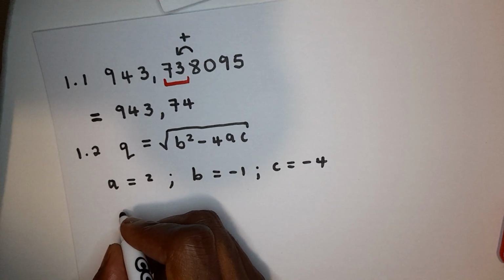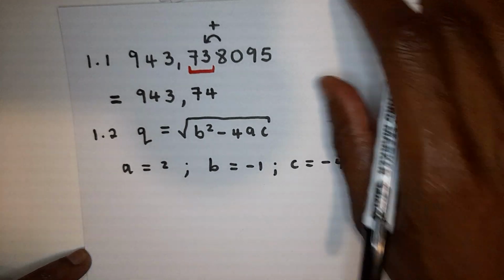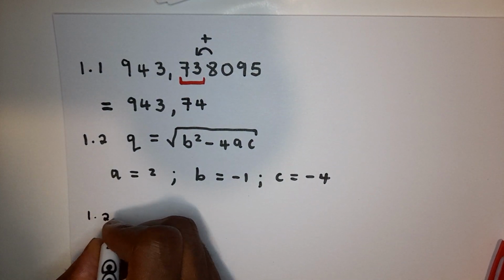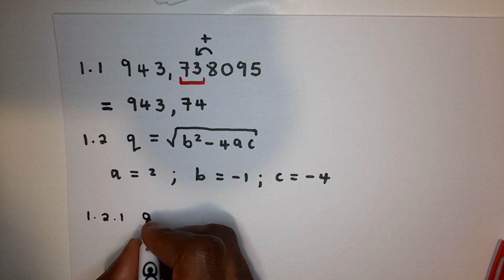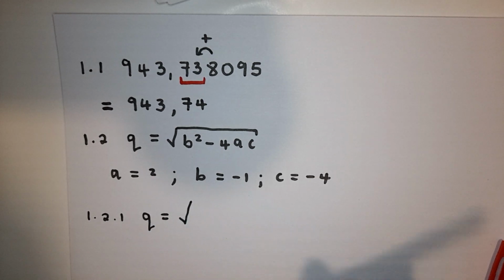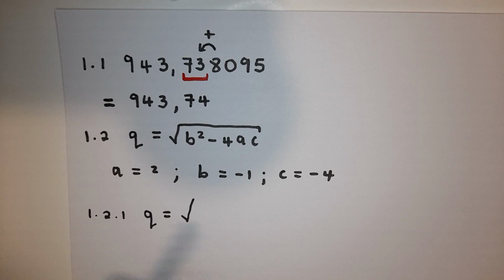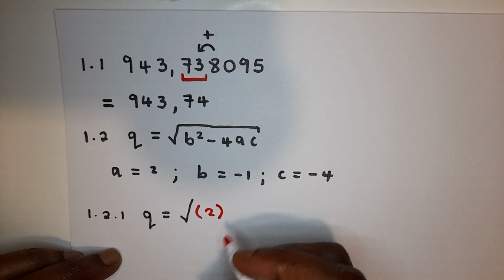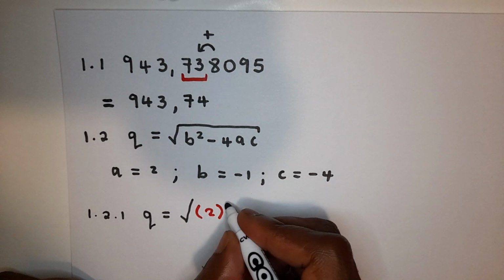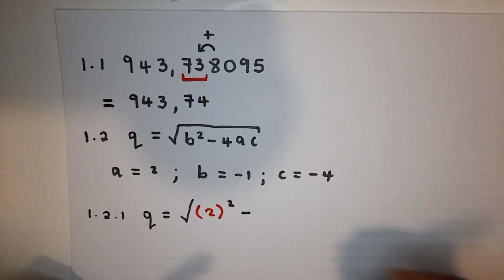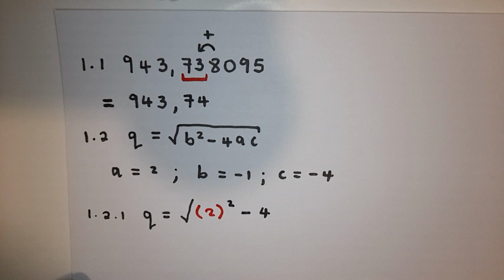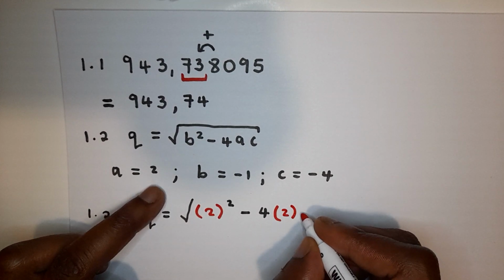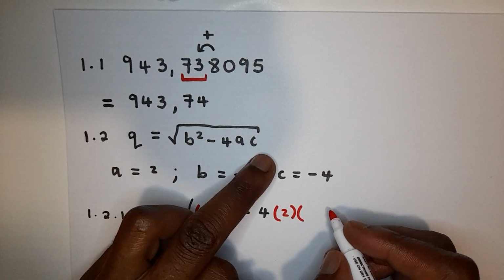Right, so the first thing that one needs to do here, grade 10s, very simple: substitute. For 1.2.1, you'll have Q is equal to the square root of, making the substitution, I'm just going to use a red pen, 2, then this 2 carries an exponent of squared, minus 4, then whenever I substitute I put brackets, my A is a 2, and then my C is a minus 4.